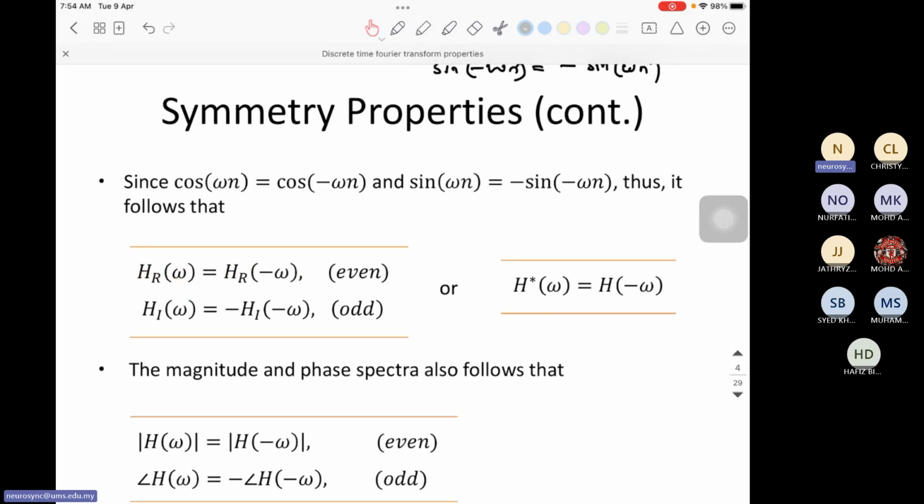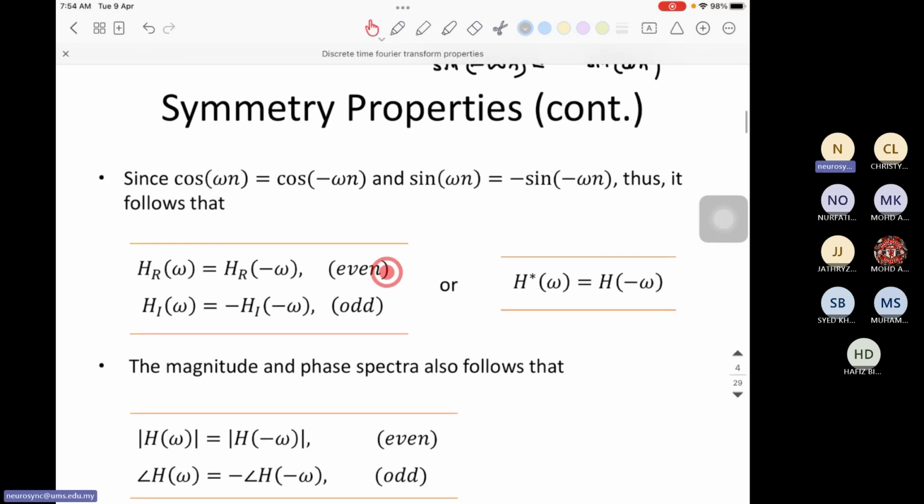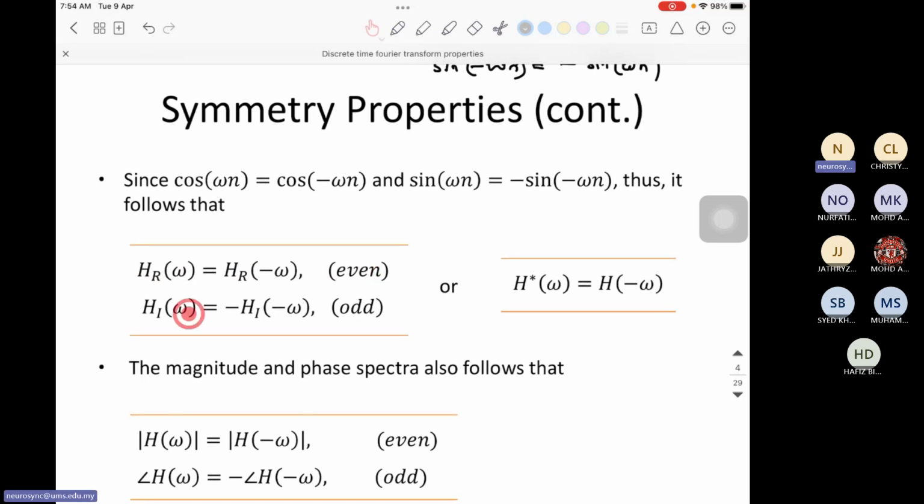So this is an even function, and the imaginary part is equal to minus of HI of minus omega. This is the odd function. Okay, so I can split this H of omega into even and odd functions.